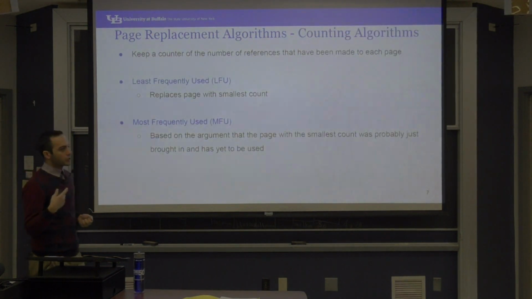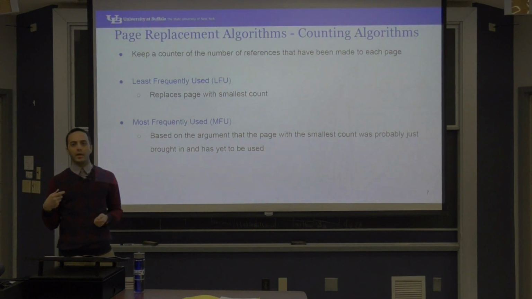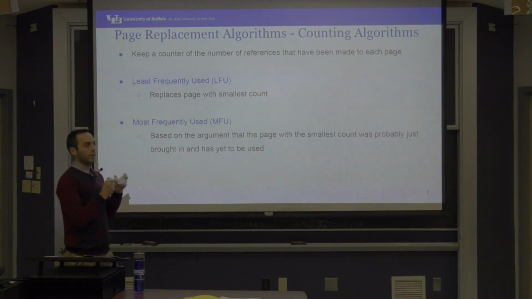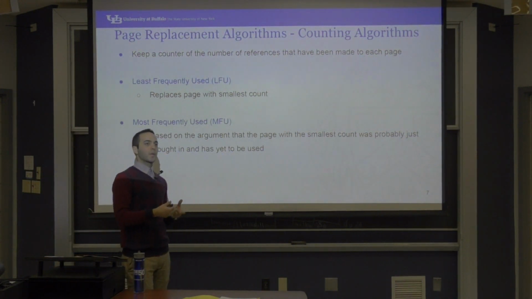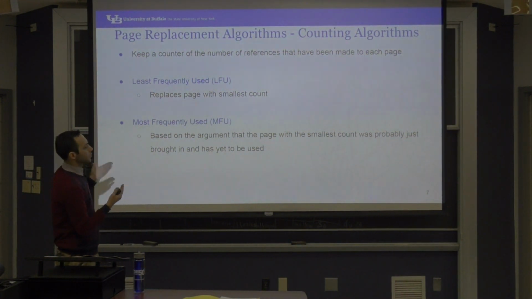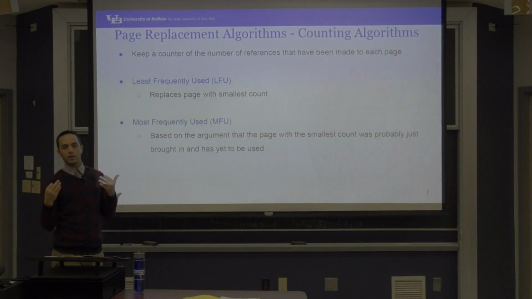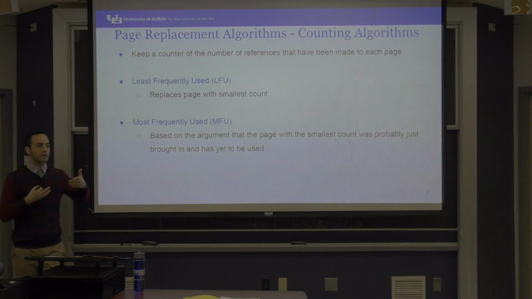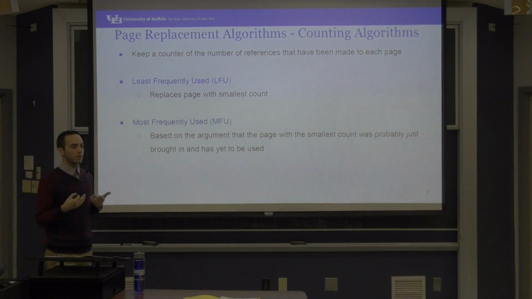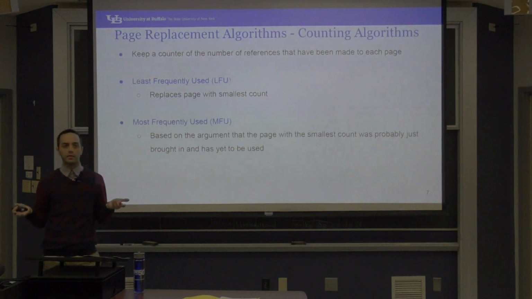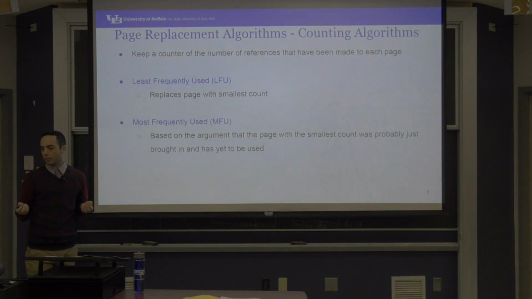All right. So there are 2 other algorithms. There are counting algorithms. Basically, instead of a bit that you shift every time, it's going to be just counting. So you count every time a page is referenced. Obviously the implementation is not going to be simple. If you want to do it in software, it's going to be very expensive and not effective.